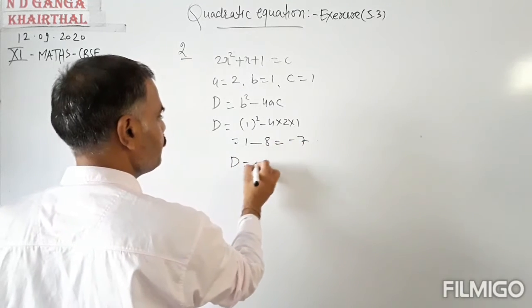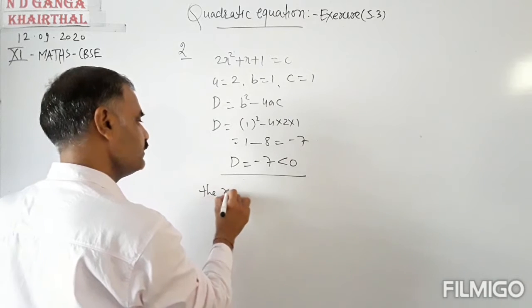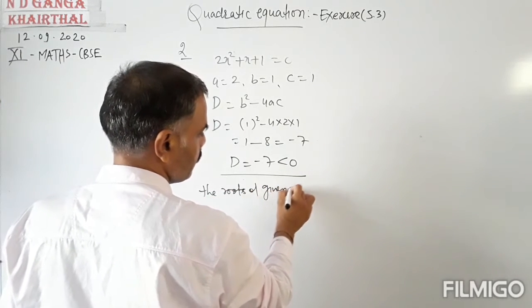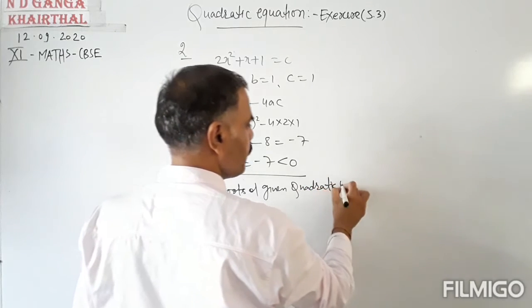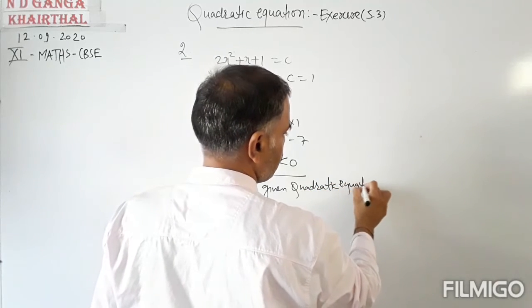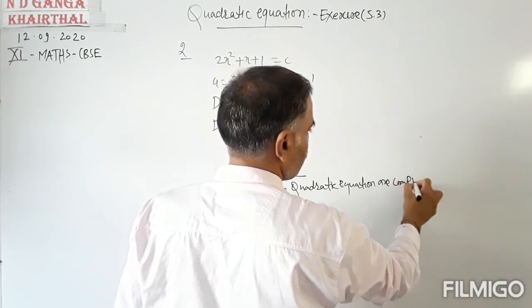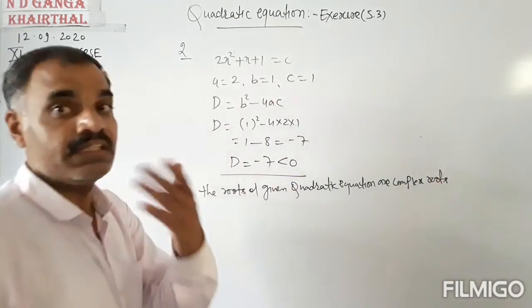So d is equal to minus 7, less than 0. So the roots of the given quadratic equation are complex roots, or imaginary roots.